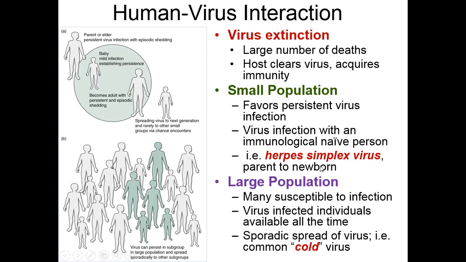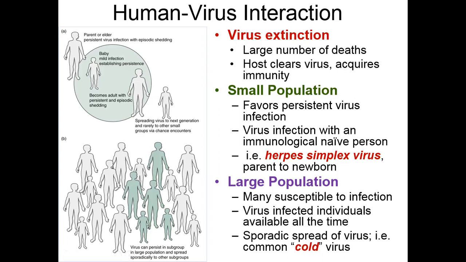However, in large populations, because the patient number is higher, we have a lot of individuals who are susceptible to the infection. Therefore, virus-infected individuals are available at all times.